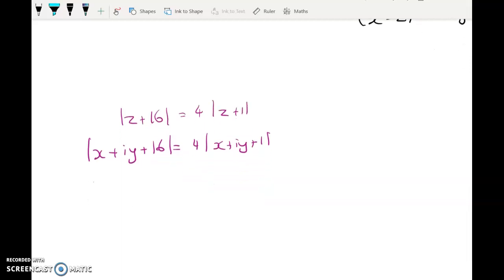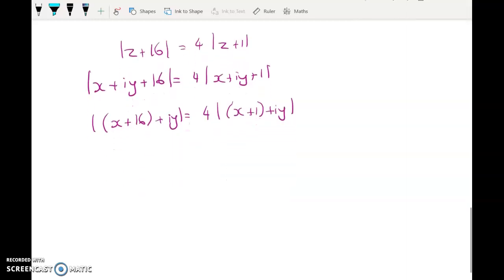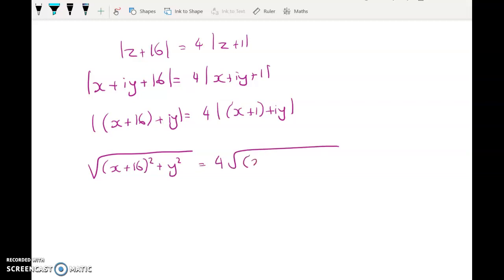I'm going to group real and imaginary terms. So we'll just do that step first. Now I'm going to find the modulus of each side, which is this.